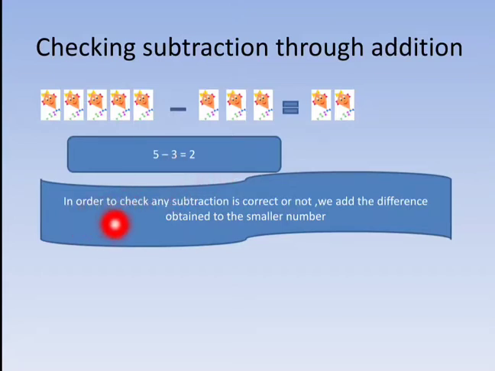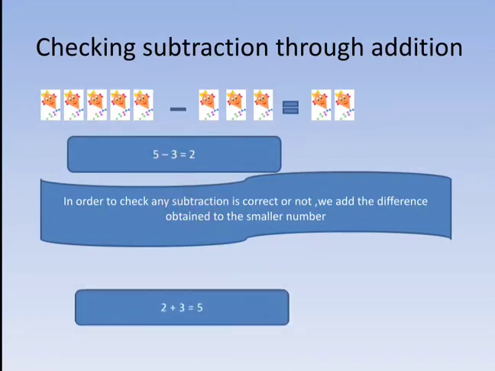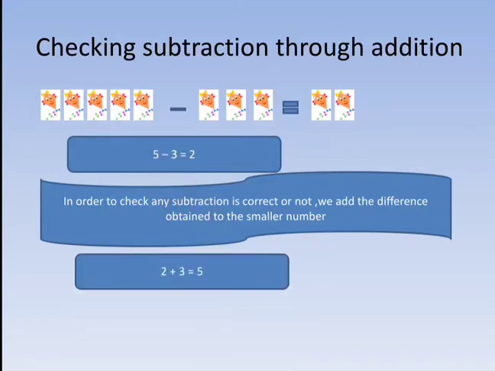So, in order to check whether any subtraction is correct or not, we add the difference, here 2, to the smaller number. In this example, 3 is the smaller number. So let us add the difference obtained after subtraction, which is 2, and the smaller number, 3.